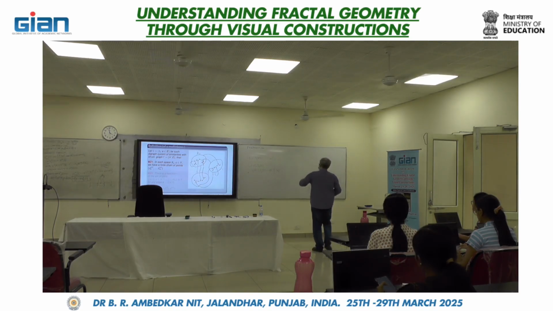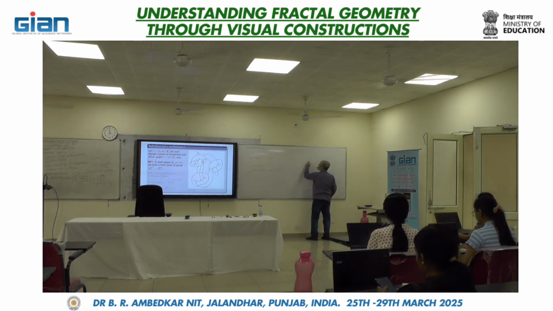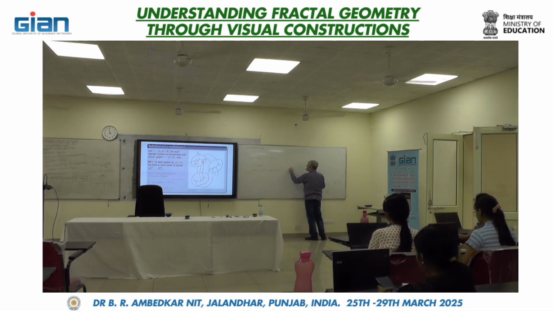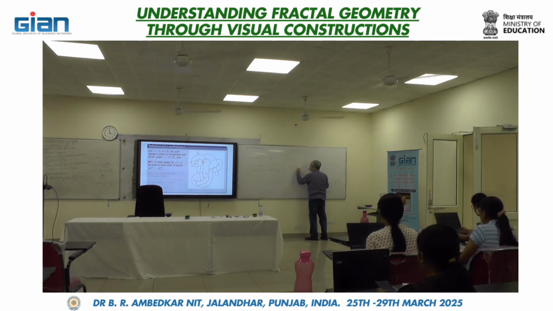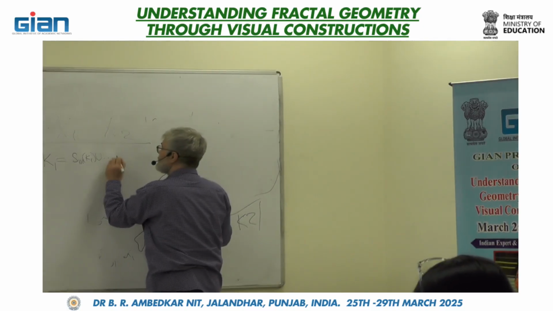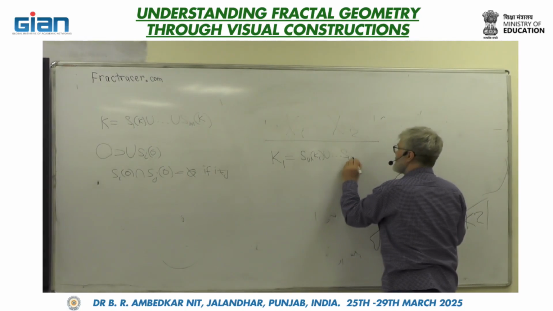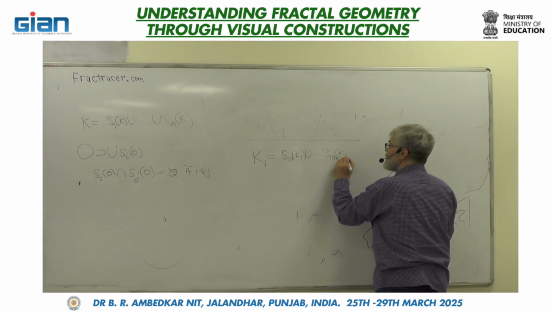So suppose we have X1 and X2, two spaces, yes? And we write an equation: K1 is S_{1,1} of K1 union ... union S_{1,M1} of K1, right?